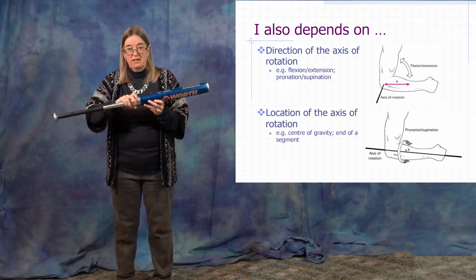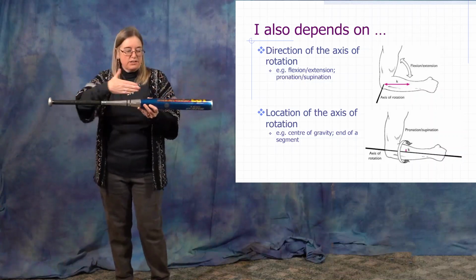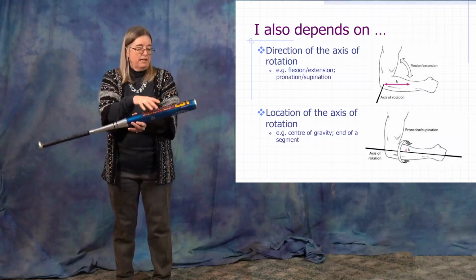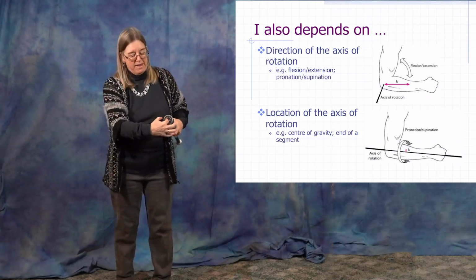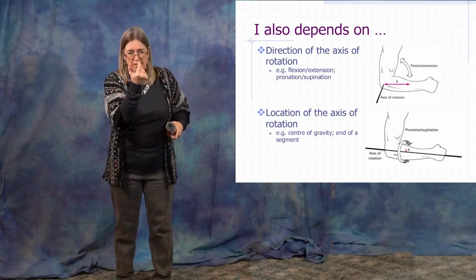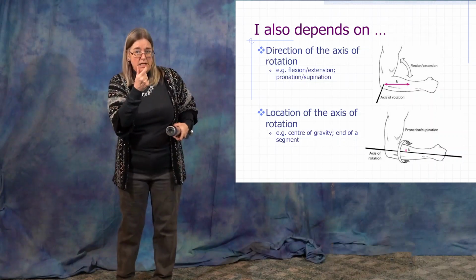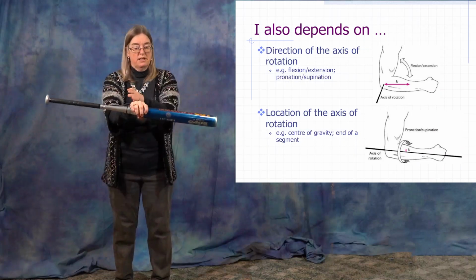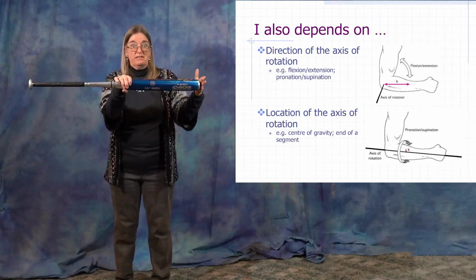If that axis goes in that direction, you can think that at the maximum any particle of mass is only that far away from the axis of rotation, whereas if I'm spinning it around this axis, it's that far away.